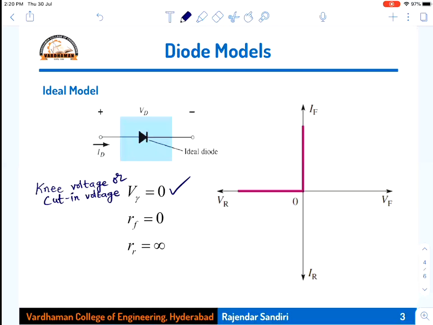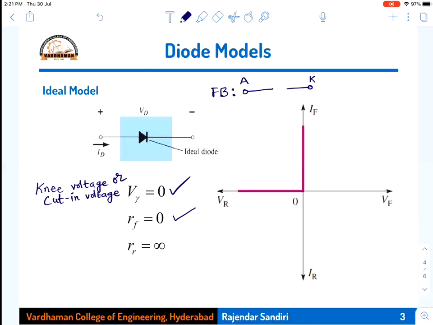Next, the dynamic forward resistance is also zero, because in the forward biased condition, how does the diode behave? This is the symbol of the diode, but if I represent its equivalent behavior in forward bias, this is the anode and this is the cathode. The symbol is there, but I am replacing the symbol with its equivalent behavior.